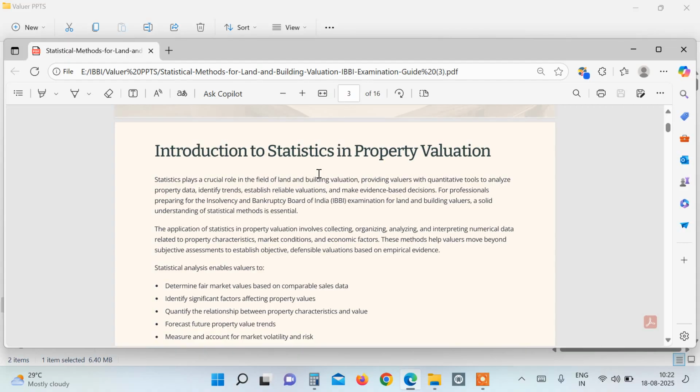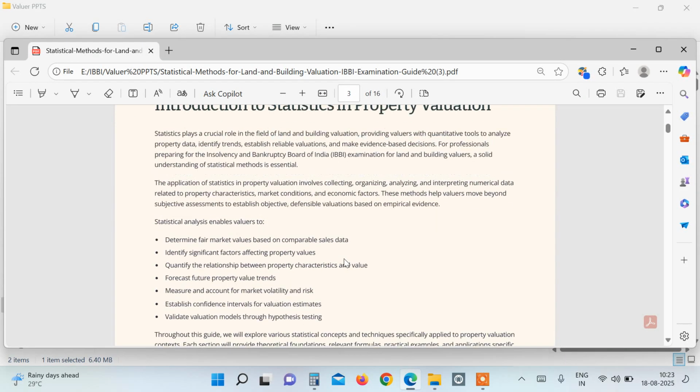How are these statistical methods applied in property valuation? We will discuss collecting data, organizing data, analyzing data, and of course interpreting numerical data related to property characteristics, market conditions, and economic factors. These methods help valuers move beyond subjective assessment to establish objective, defensible valuations based on empirical evidence.